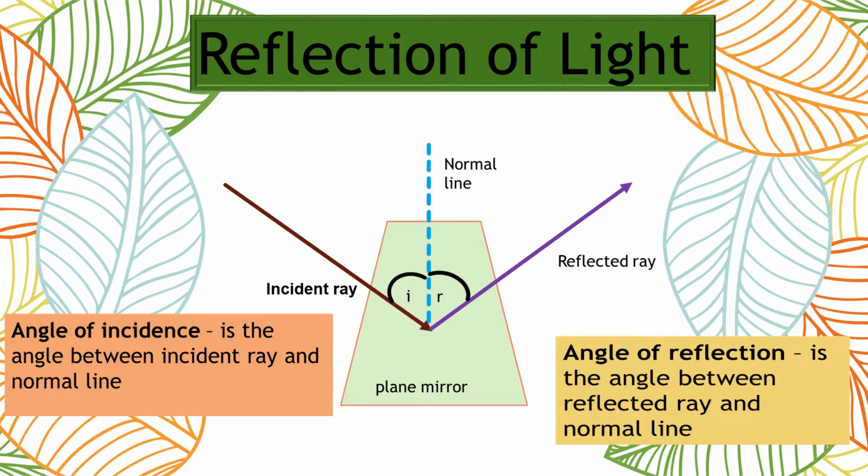And the other side, the normal line, again in a broken line, and then the ray that is going out from the surface, that is called reflected ray, produces an angle of reflection in a symbol angle in a small letter r. So what is angle of reflection? Angle of reflection is the angle between reflected ray and normal line, while the angle of incidence is the angle between incident ray and normal line. Okay? Get it? Is it easy?